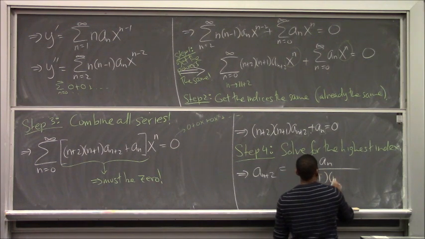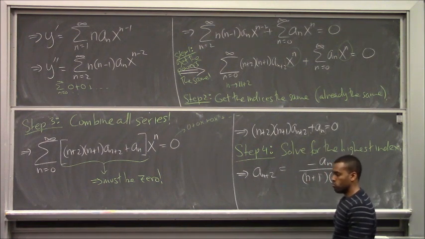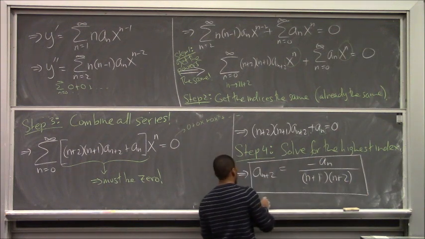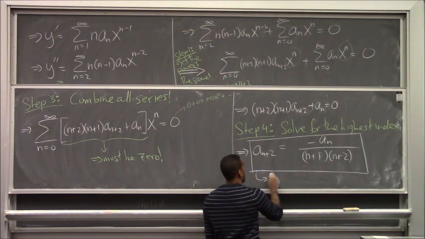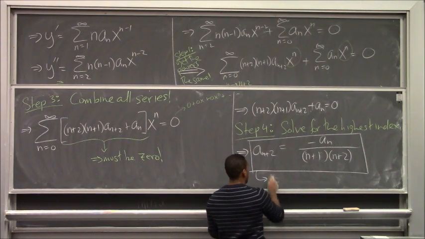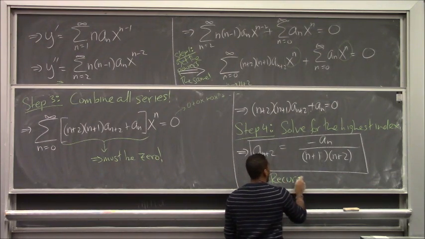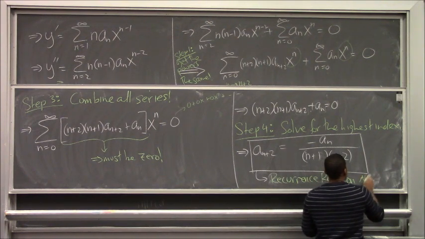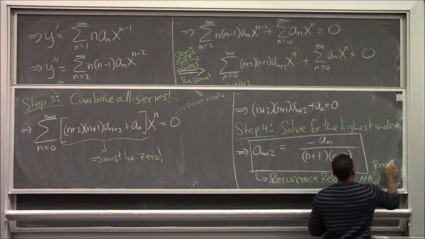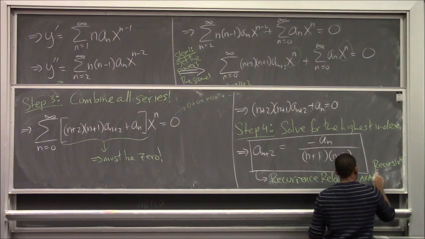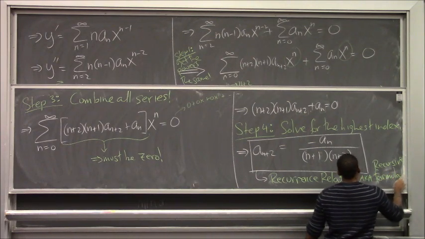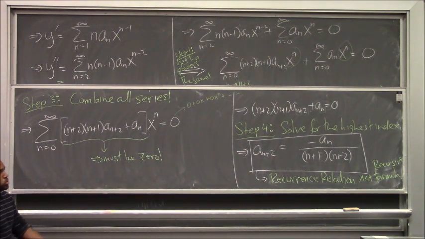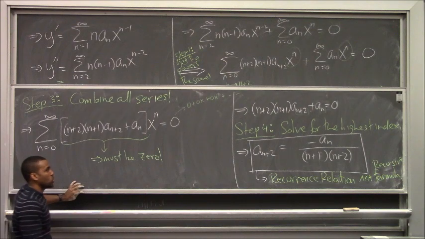This is called a recurrence relation, also known as a recursive formula. Notice what that does is it tells us how to compute coefficients 2 steps ahead if I know coefficients 2 steps behind.